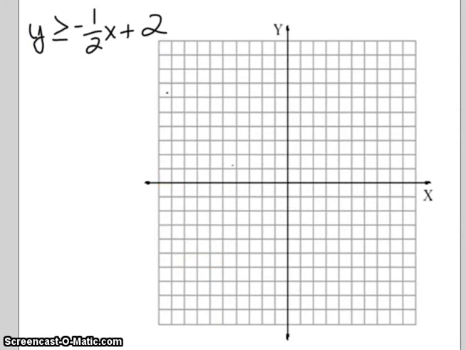I think I have time for one more. Alright, y is greater than or equal to -1/2 x plus 2. Alright, plot B, which in this case, B is 2. Alright, use the slope.